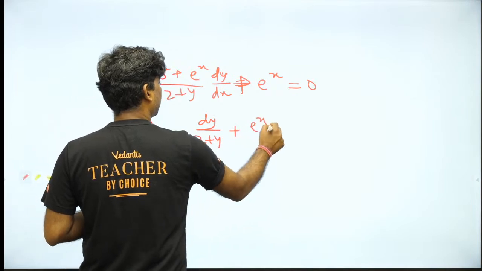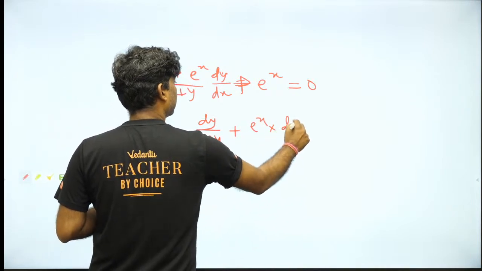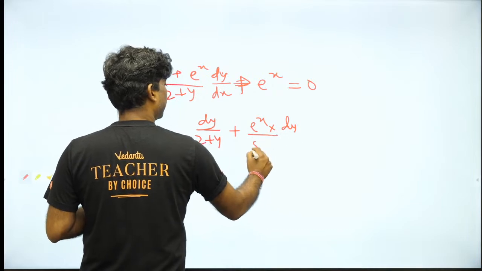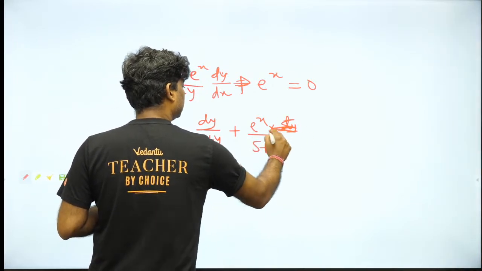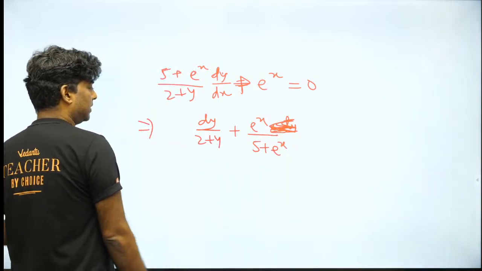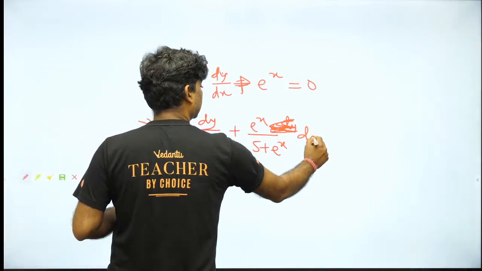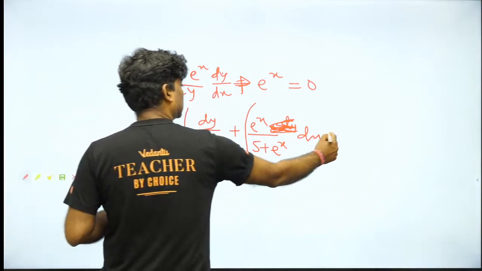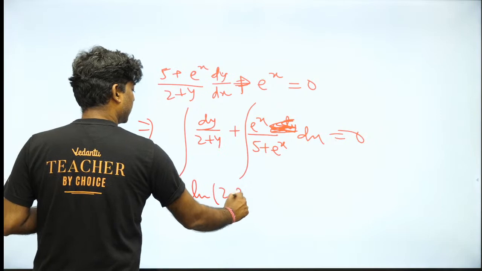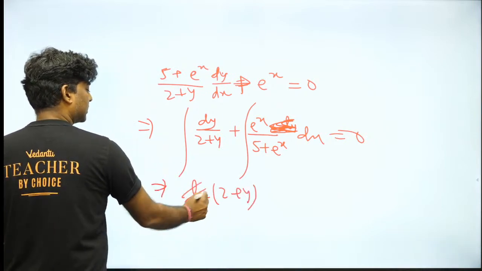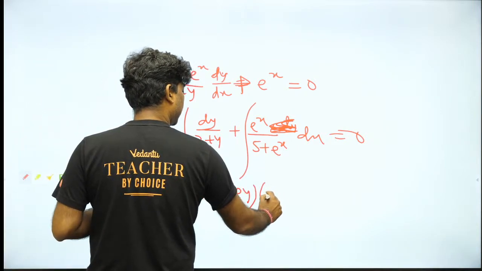So how can we solve this differential equation? We can make the variable separable form here. How? See, dy upon 2 plus y plus e raised to the power x into dx upon 5 plus e raised to the power x. And we can easily write the integral here.